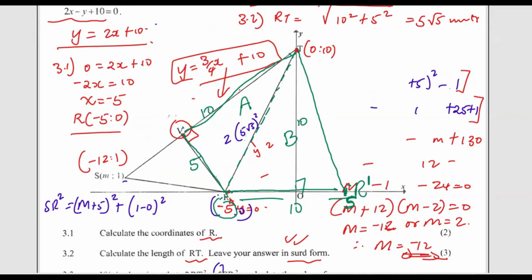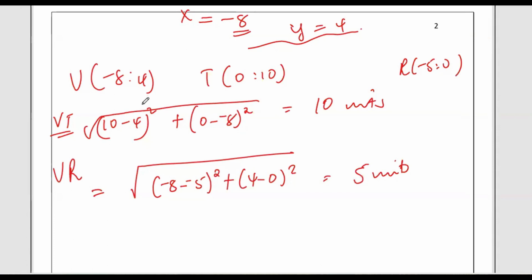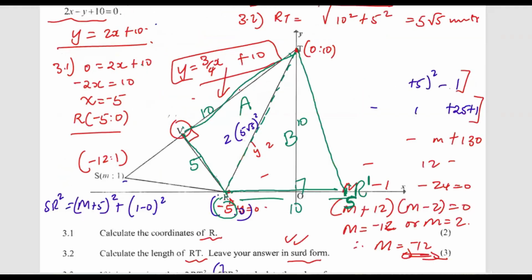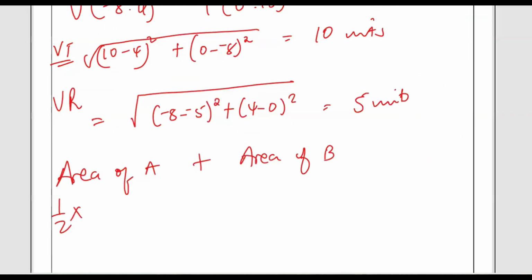So let's get the area of A plus the area of B. Okay, area of A plus the area of B. So that is a half. The base, let me have this as my base, which is a 10, and then let this be a height because these two are perpendicular. Okay, so it's 10 times 5, then plus a half.